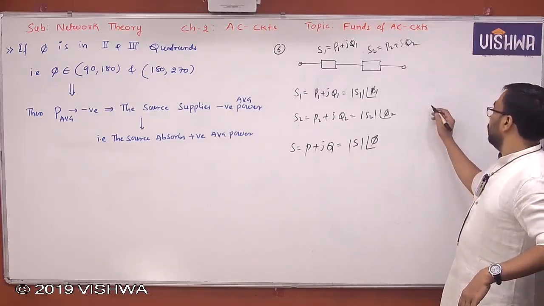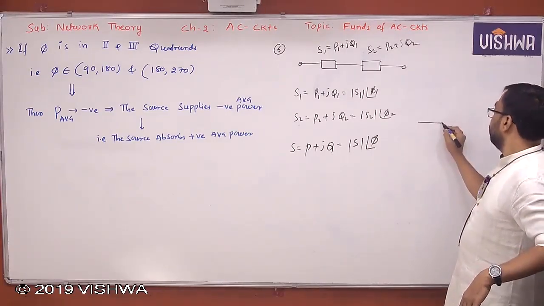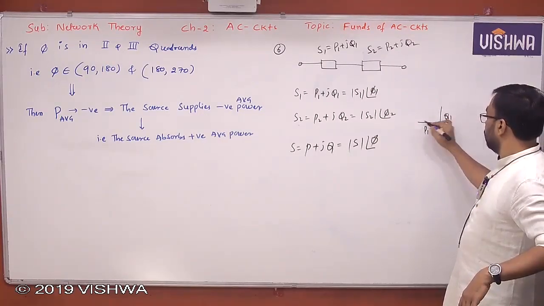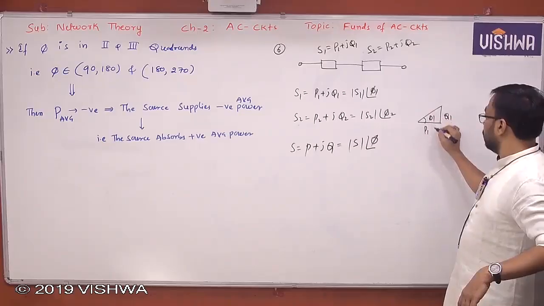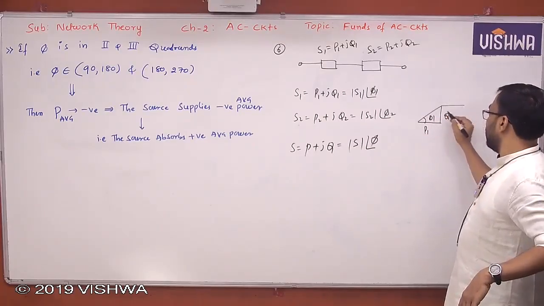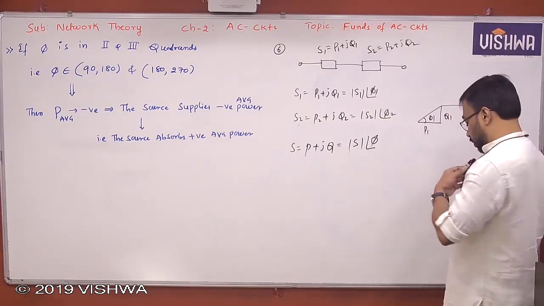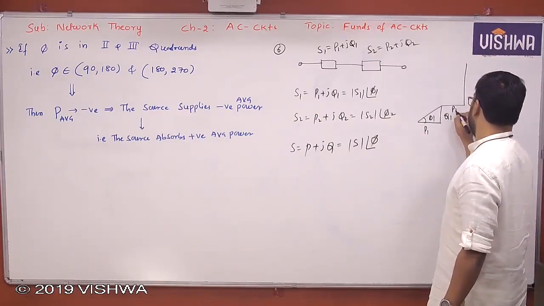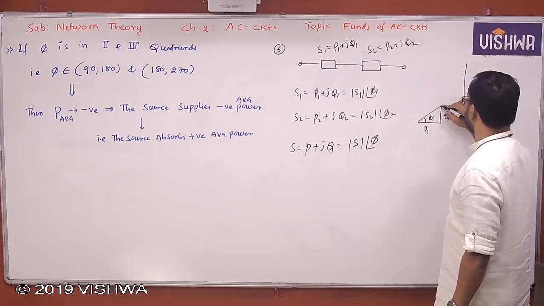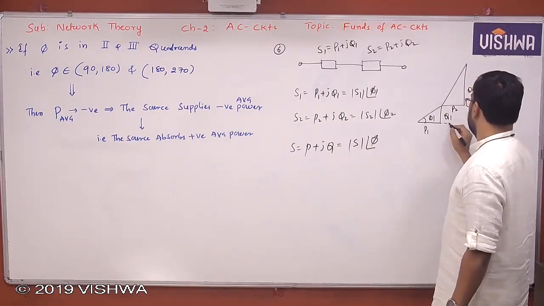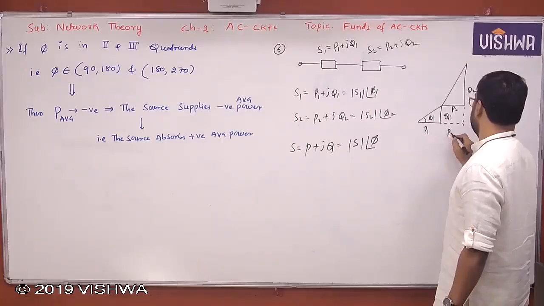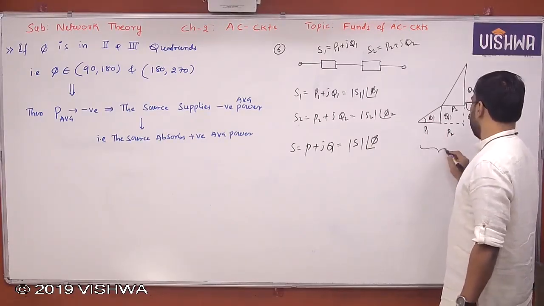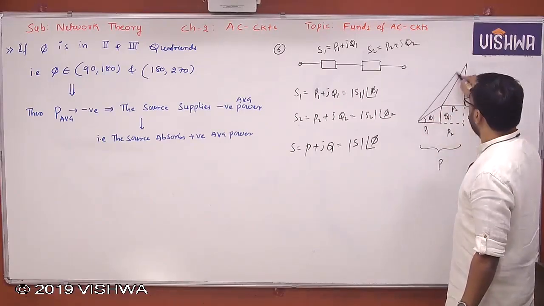Now you see S1. What is S1? P1, Q1, right? This is angle phi 1. I can add at the tip of S1 to get S2. Yes or no? This one is going to be P2, Q2. So here you are going to get P2. This is Q1. This total is going to be Q and this total is going to be P. Now power triangles can be added.